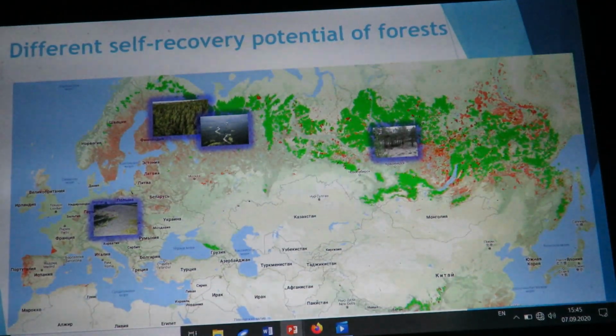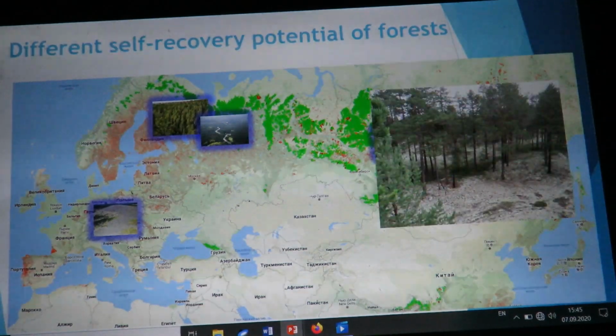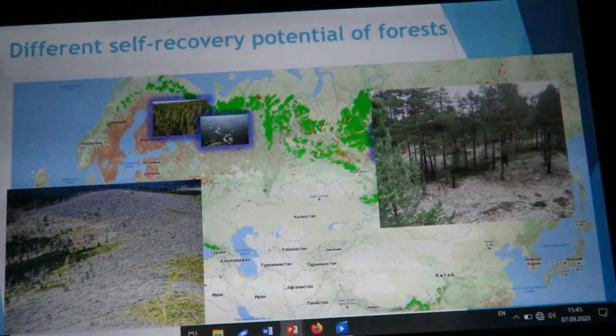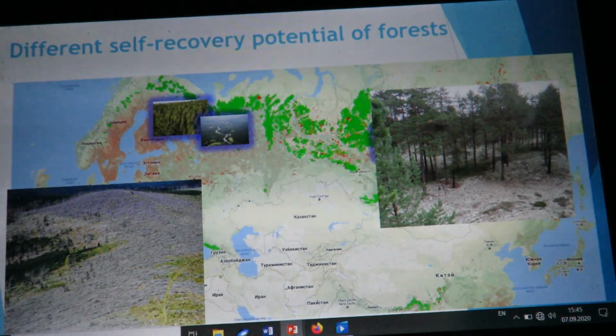As we have seen on the example of the pine forest in the Yenisey region, and also on the example of old growth spruce stands in Czech Republic, these ecosystems have suffered a disturbance that went beyond their resilience threshold.